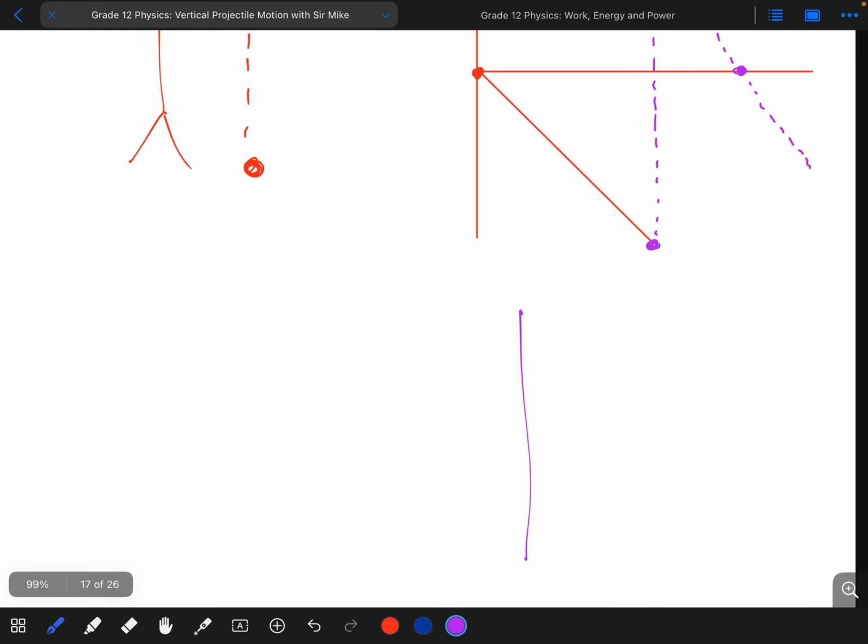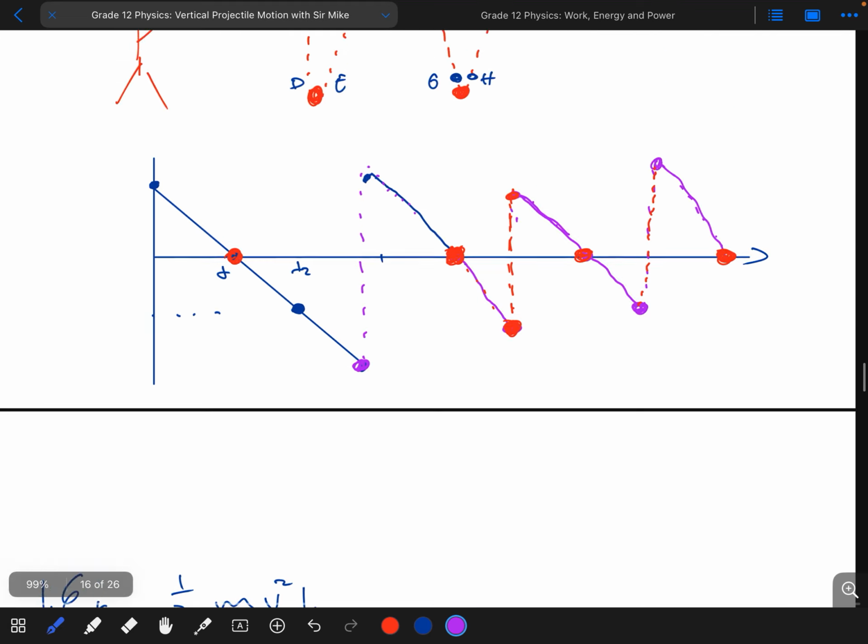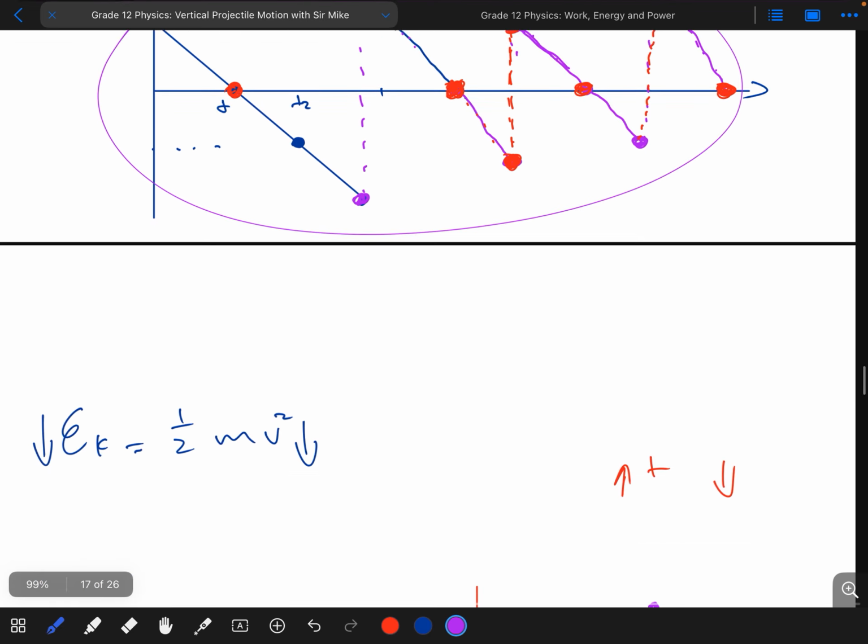This would be the graph that you would have had, something like that. Then all of a sudden the velocity changes direction, you have something like that, then again all of a sudden, and so on and so forth. The same applies with this graph that we have there.